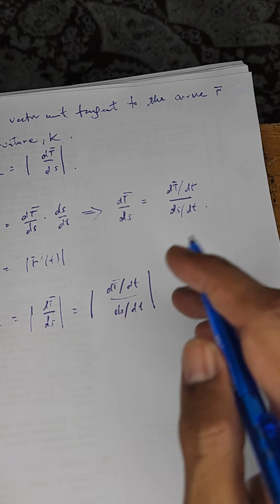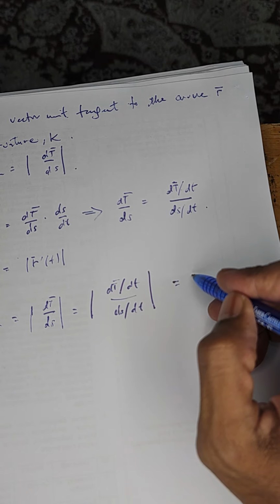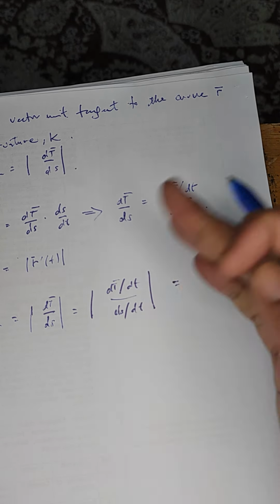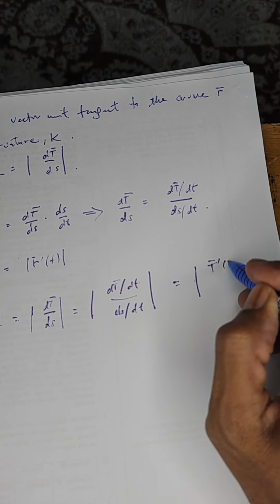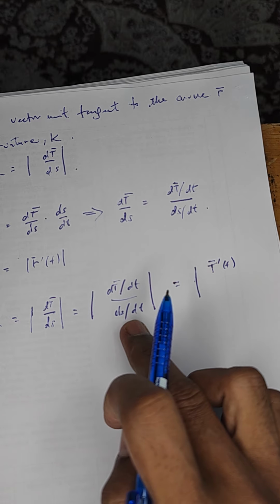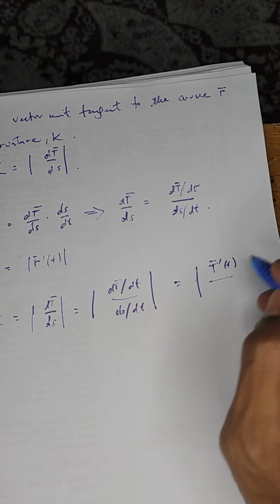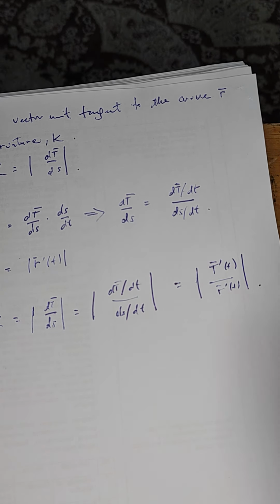Okay, so what we have now is that this is the magnitude of dT/dt, which is T', and ds/dt is the magnitude of r'. So I can write it like this.